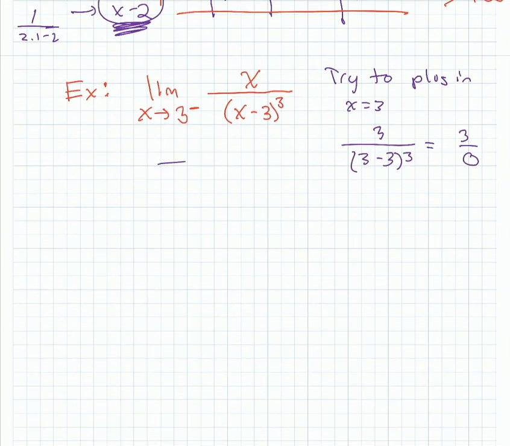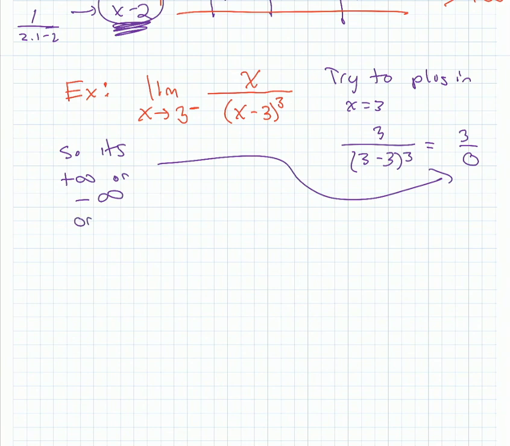So it's plus infinity or minus infinity. Technically, it could also not exist, and we'll see an example of that momentarily. So it's plus infinity, minus infinity, or it doesn't exist.